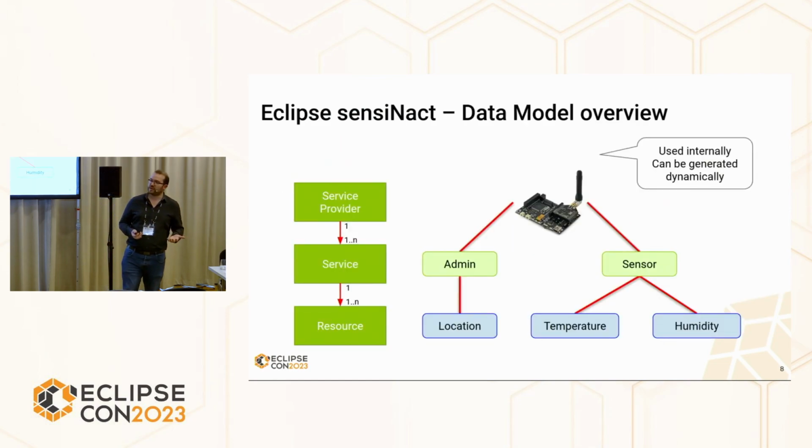So what's the model behind SensiNact? In fact, it's simple. We have a service provider, which is often the device that provides everything. So on that device, we can add, for example, a presence sensor, a wind sensor, a temperature sensor, whatever you want.